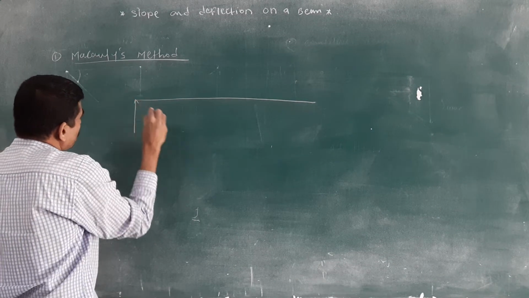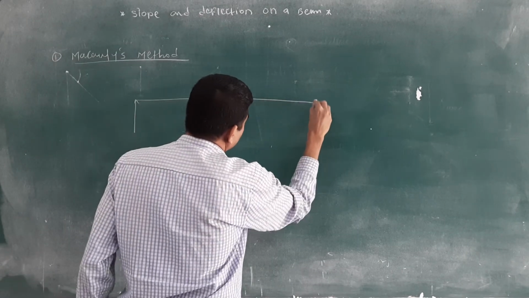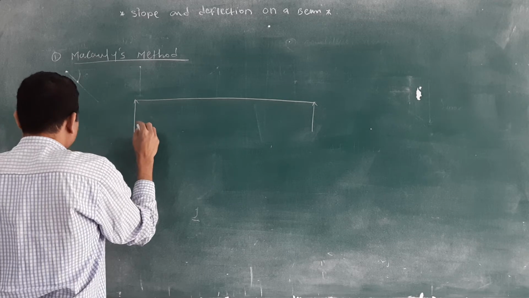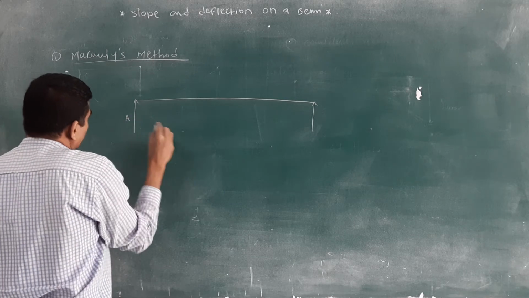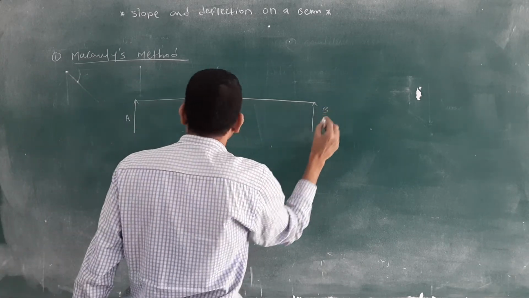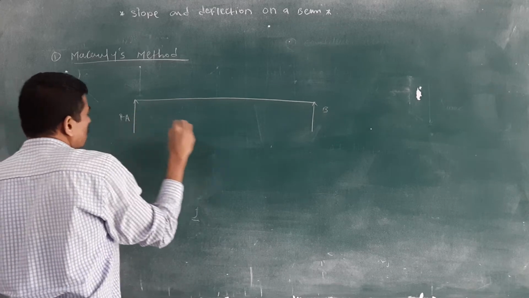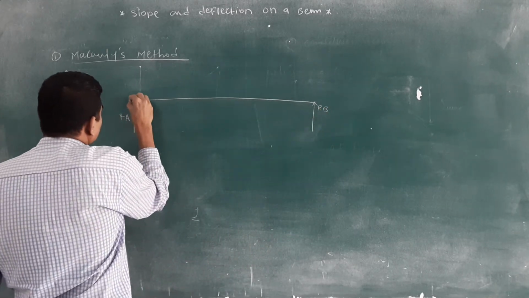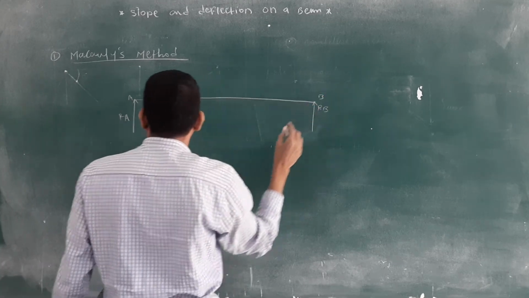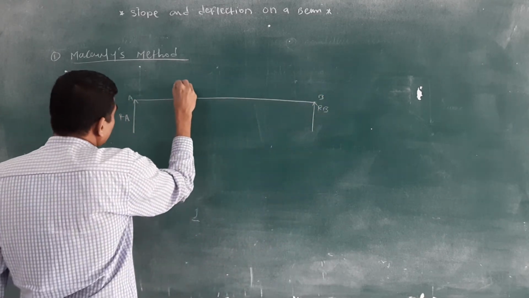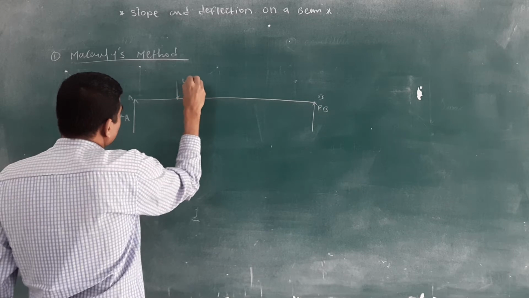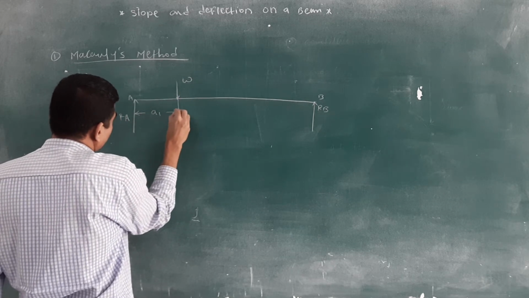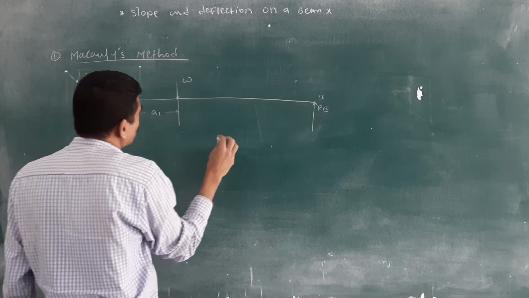Here I will consider a simply supported beam, with points A and B. Here you will get the reactions RA and RB. First I will apply the load W1 at a distance A1 from the left hand support.